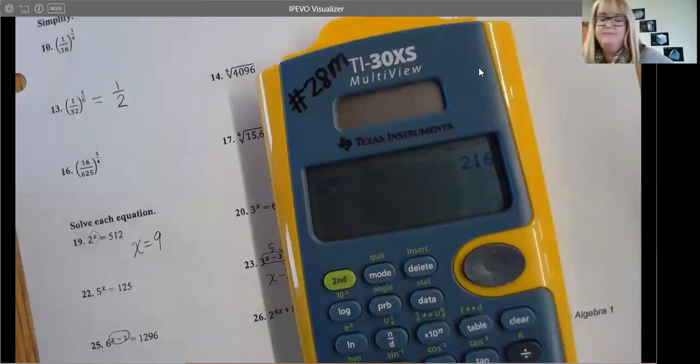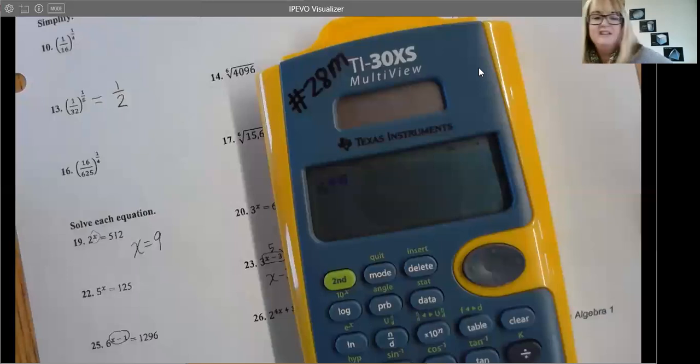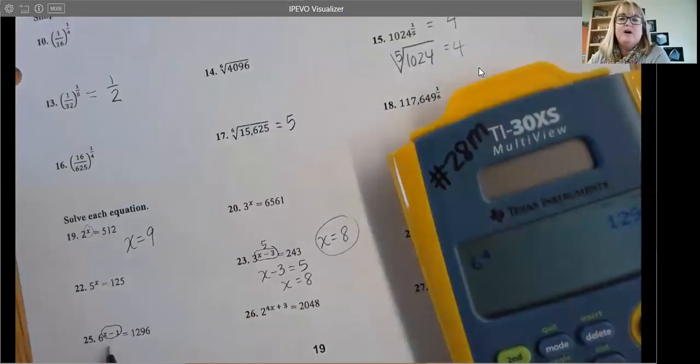Oh my gosh. 6 to the 4th. There it is. 6 to the 4th is 1296. So I need x minus 1 to equal 4. So we will write x minus 1 equals 4. Well, x has to be 5 in order for that to be true.